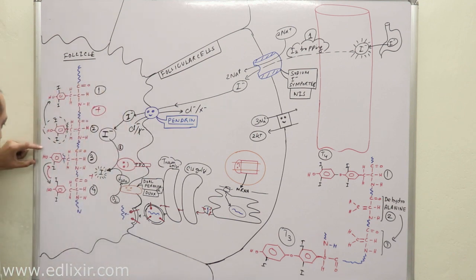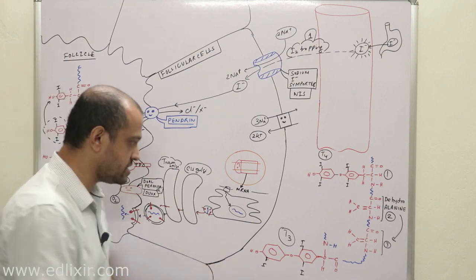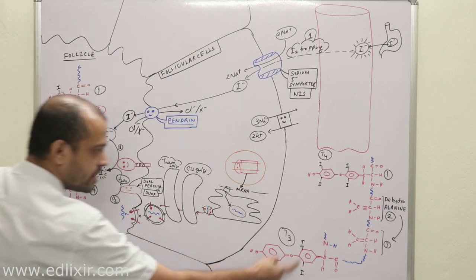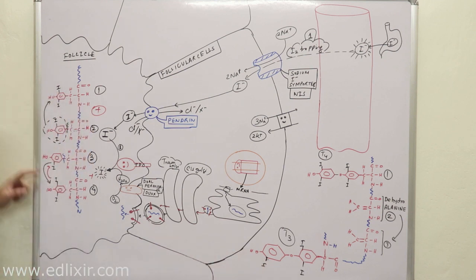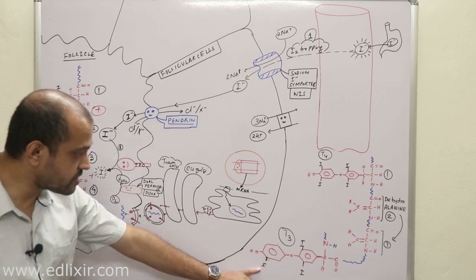So what you will have to understand is this: when this third benzene ring connects with the fourth benzene ring, there are two iodines here, and there is one iodine here, right? Clear? Now you need to understand this very basic thing.